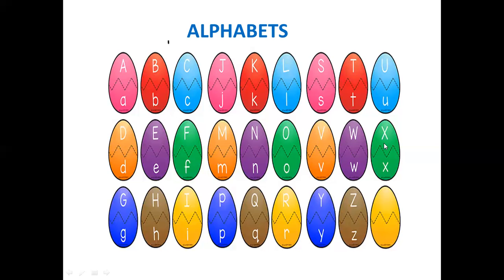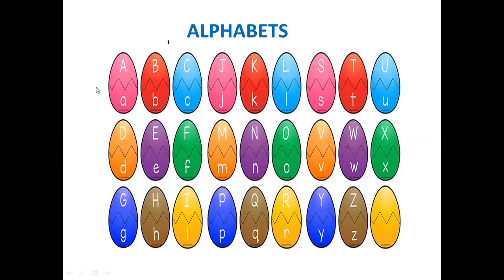X, small x. Y, small y. Z, and this one is small z. Understood? Did you recognize your letters? The lower ones are the small letters and the upper ones are the big alphabet letters.